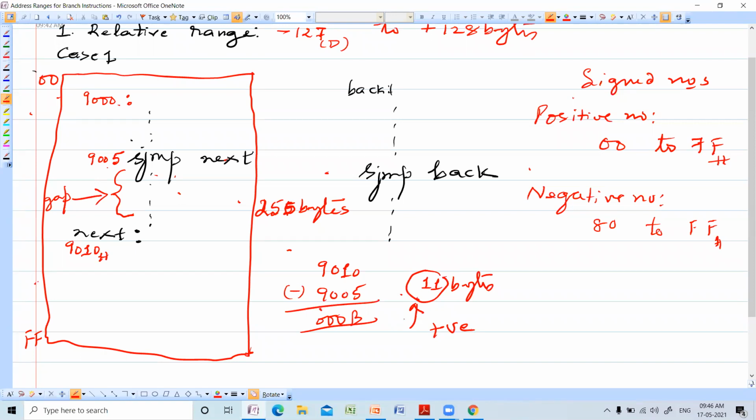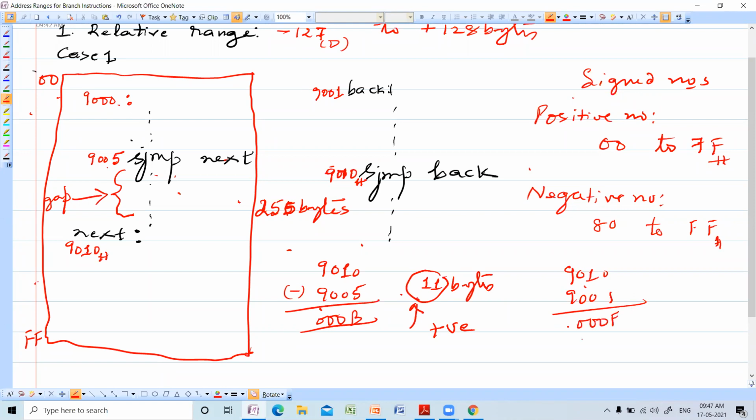In the second case, for example, if I take the back address as 9001 and compute 9010 minus 9001, 16 minus 1 is 15.